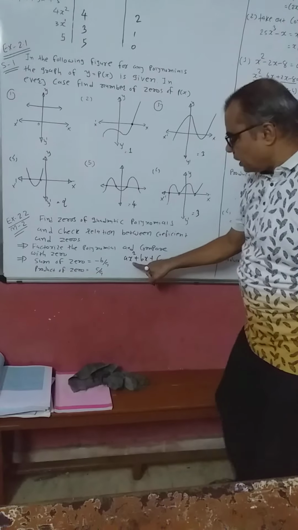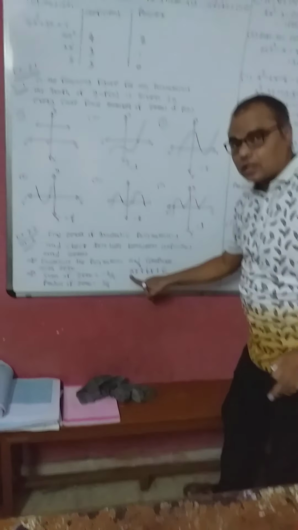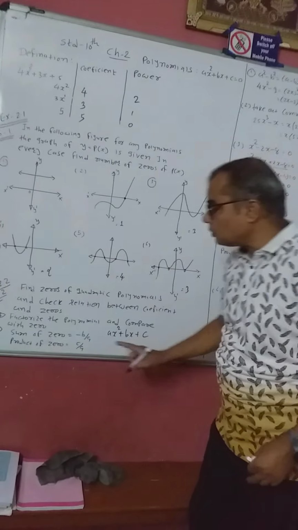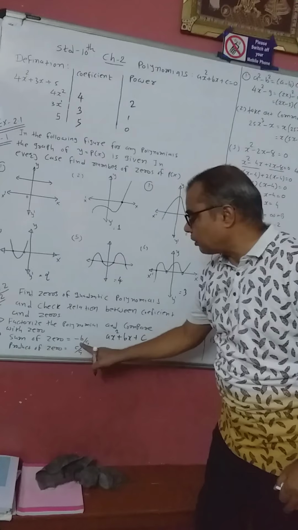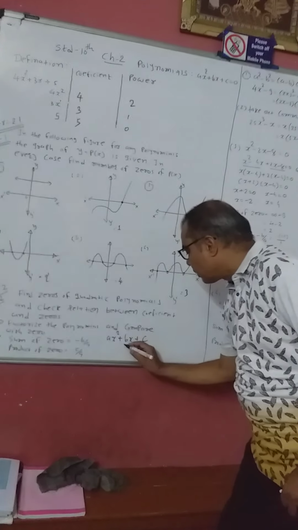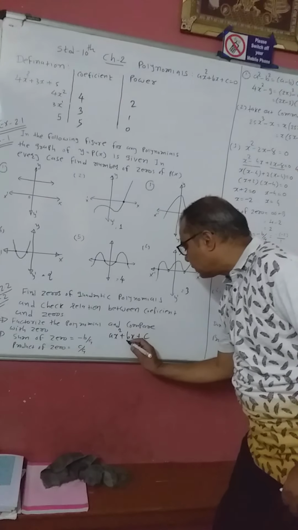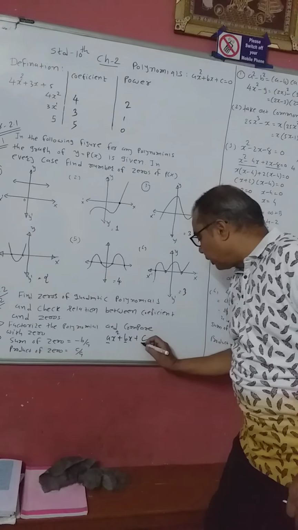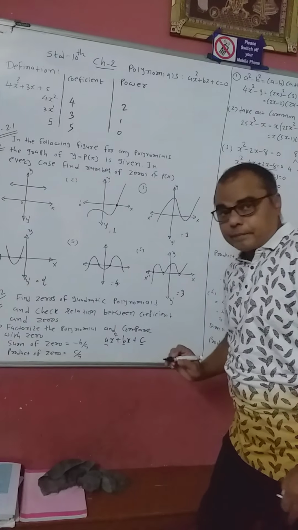It means x square has coefficient a, x has coefficient b, and c is the constant itself. Now sum of zeros, the formula is minus b upon a. Product of zeros is c upon a.